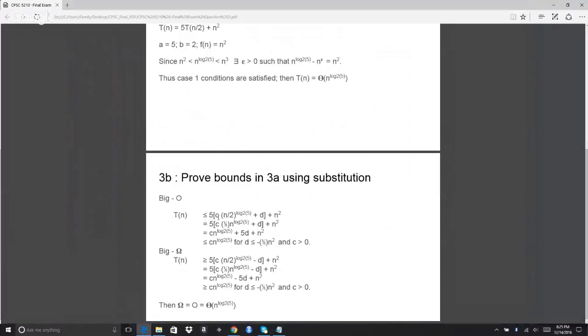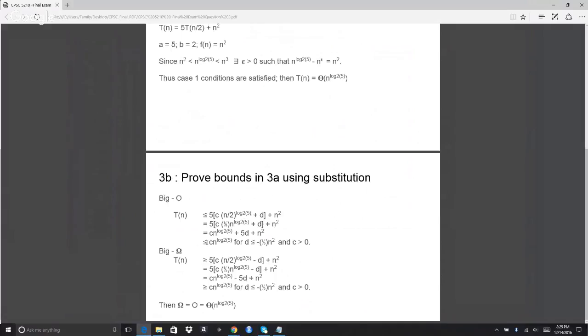So T(n) is less than or equal to 5 times c(n/2)^(log 2 5) plus d(n/2) squared plus n squared. The lower order term here is to help remove these other variables later.